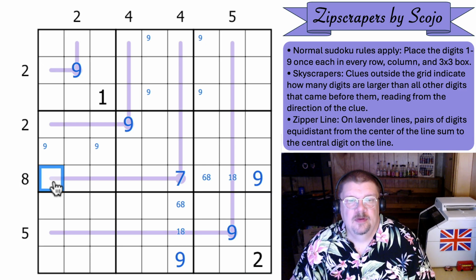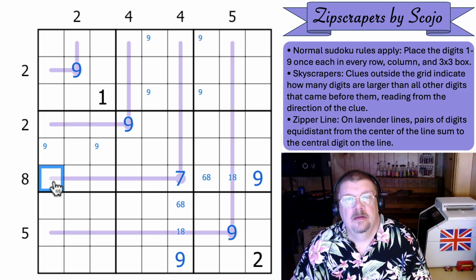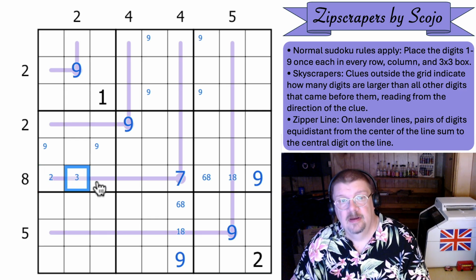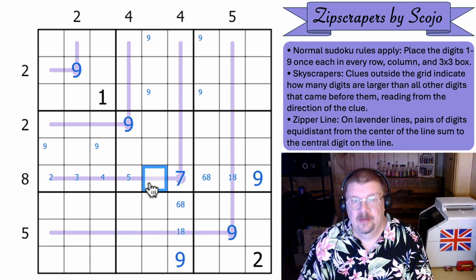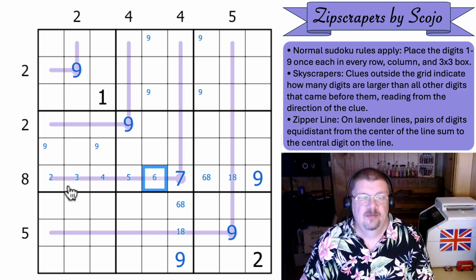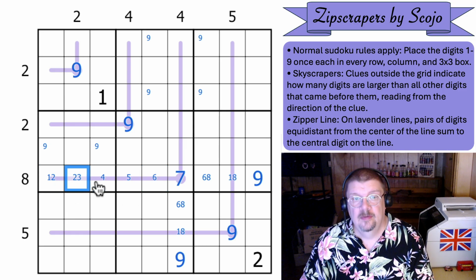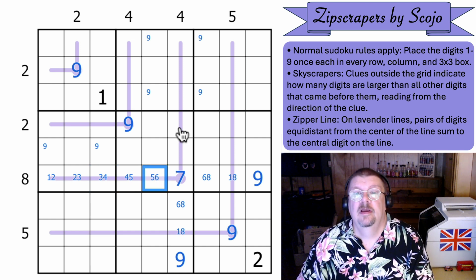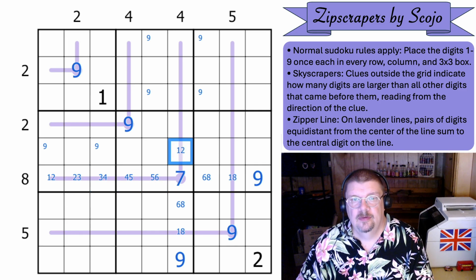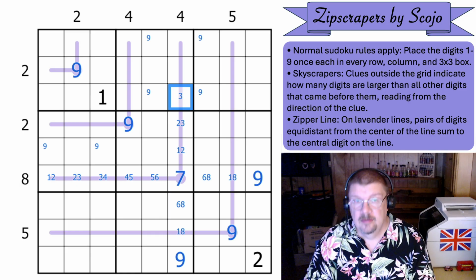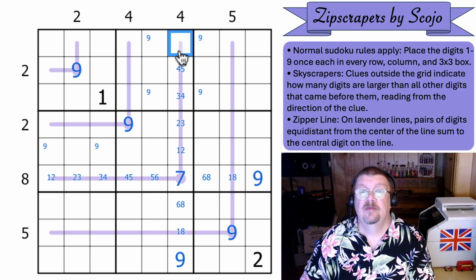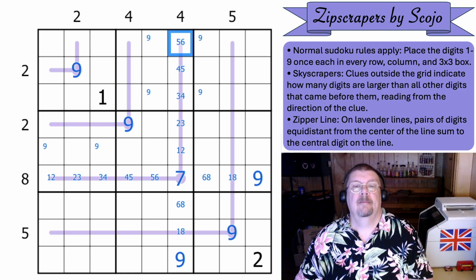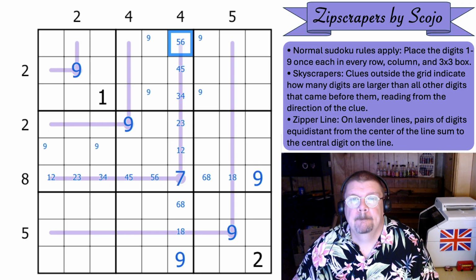So if the 1 is missing from here, then we get 2, 3, 4, 5, and 6. And if the 6 is missing from here, we get 1, 2, 3, 4, 5. Likewise, you can now use the fact that they sum to 7 to give us 1, 2, 2, 3, 3, 4, 4, 5, 5, 6. Okay. That all seems very interesting.